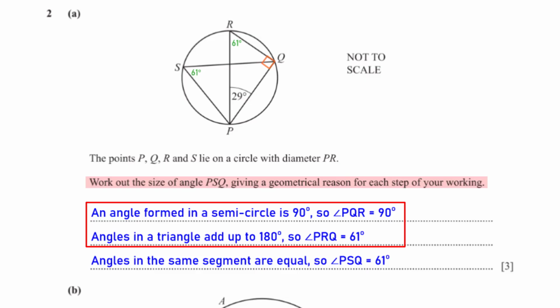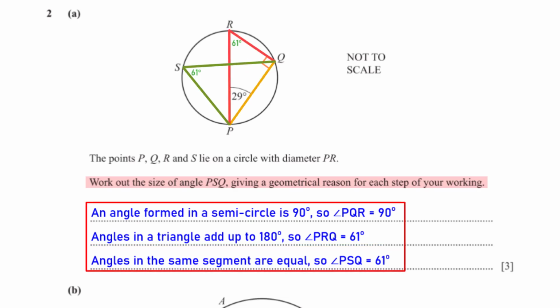So when we subtract the sum of 29 degrees and 90 degrees from 180 degrees, we get angle PRQ to be 61 degrees. The angles subtended by chord PQ at the circumference must be equal. So angle PSQ is also equal to 61 degrees.